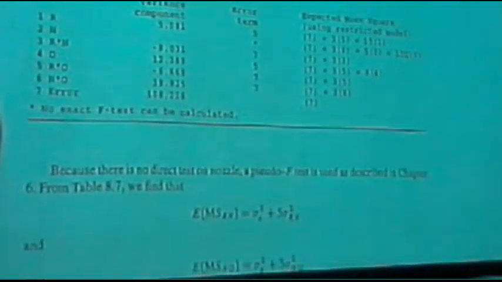We basically construct a pseudo-F ratio, as was done here. So we went through the work of building the other mean square. We had to estimate its degrees of freedom over here. We got 4.2, rounding it to either 4 or 5. And so we can build a pseudo-F test for testing that particular factor. So that's what's being illustrated here in this source.